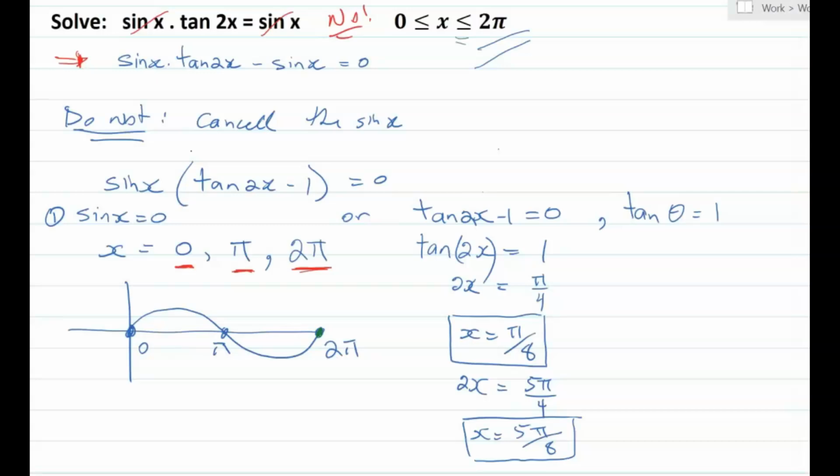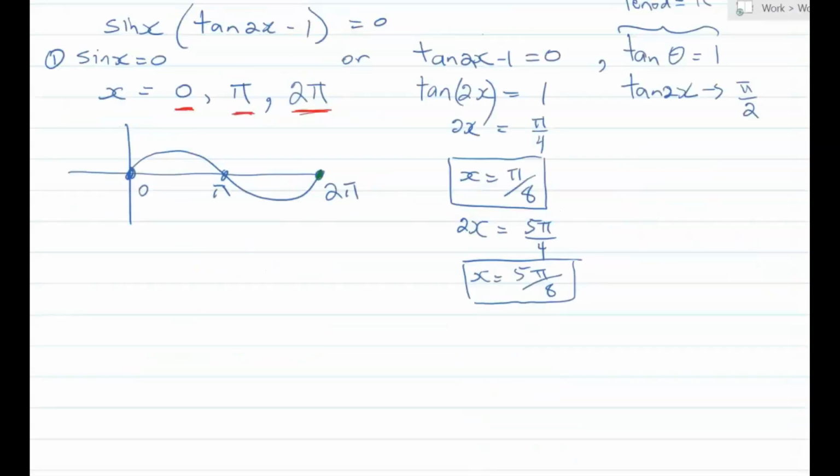Let's go back. The tan of 2x function has a period of pi over 2, because the tan of theta function has a period of pi. So we need to include all the values up to 2 pi. These two solutions take care of the values up to pi.